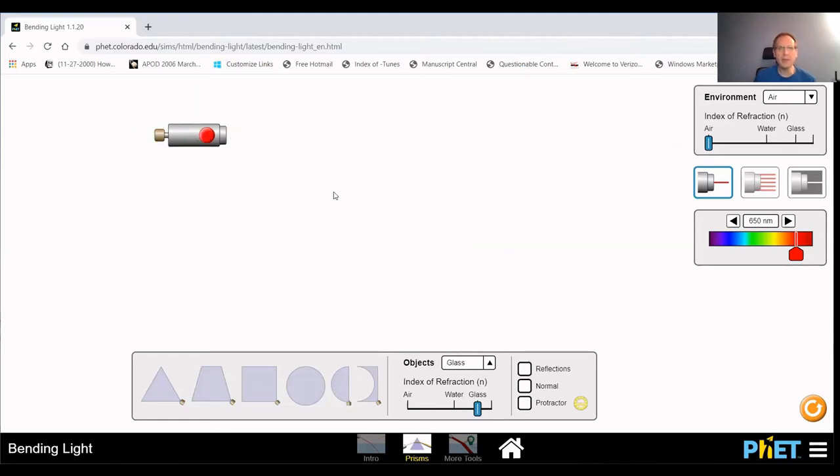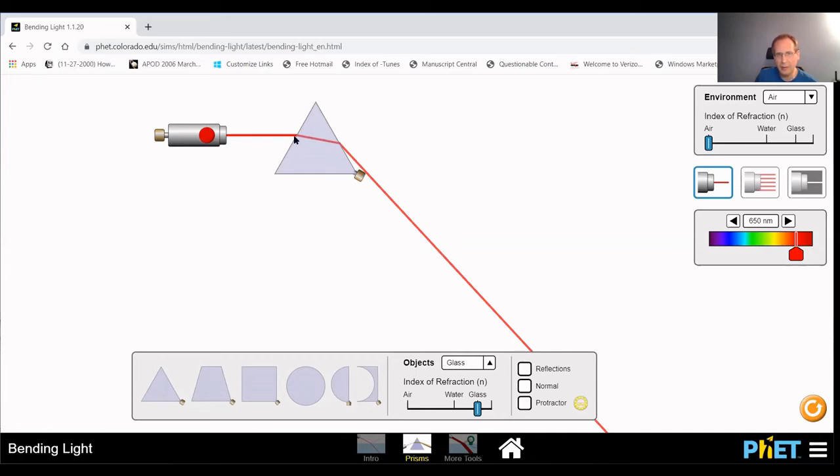For this simulation, we're going to do an experiment with the prism, and it should match very closely to what I actually collected for the data. So you want to grab the triangular prism, and if we shine a ray through it, it's going to refract. Think of it going from air to glass.